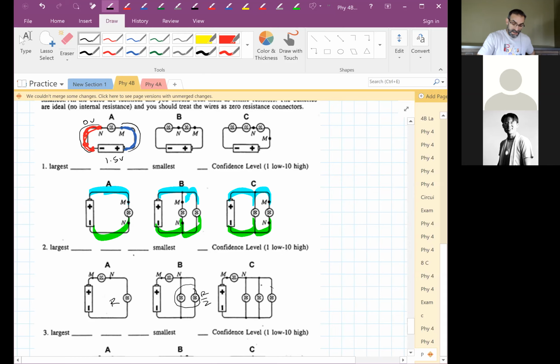And I could take these and replace those three with the single resistance, R over 3. So the greatest current is in situation C.